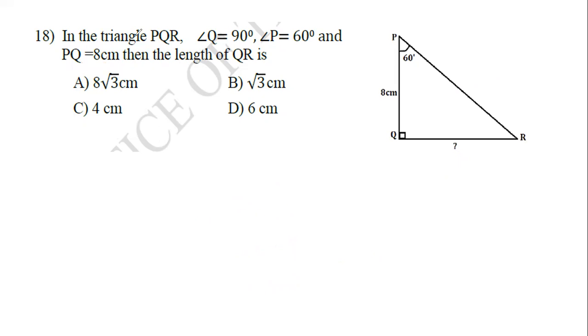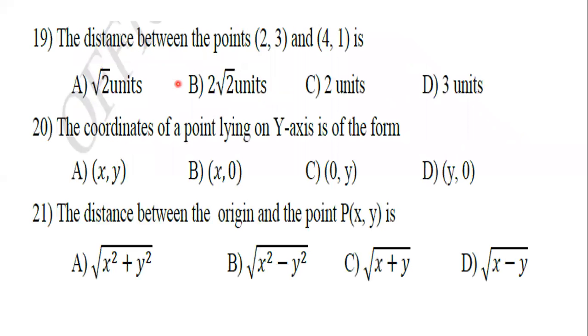Next sum, 19th question. The distance between the points (2, 3) and (4, 1). So what is the distance formula? D is equal to square root of (x2 minus x1) whole square plus (y2 minus y1) whole square.